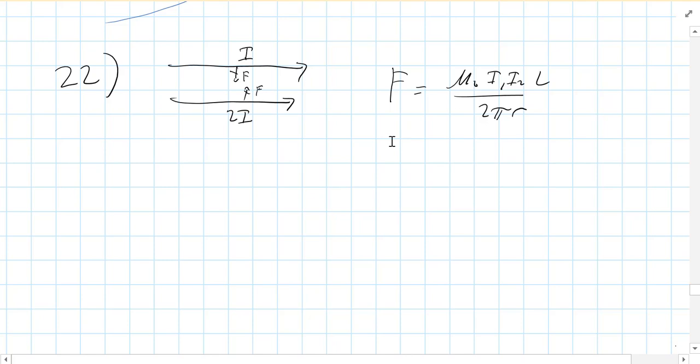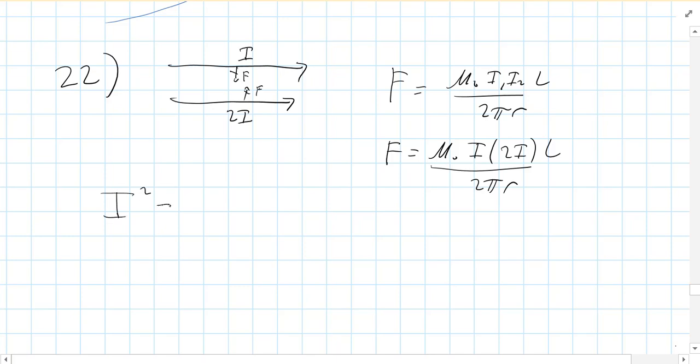But there's your force, okay? And again, I'm going to do this all in variable form first. So mu naught, I'll call I1 I, and I'll call the second one 2I. So one of them is half the other, or one of them is twice the other. And then L over 2 pi R. And then we're solving for I. So I times I is I squared.